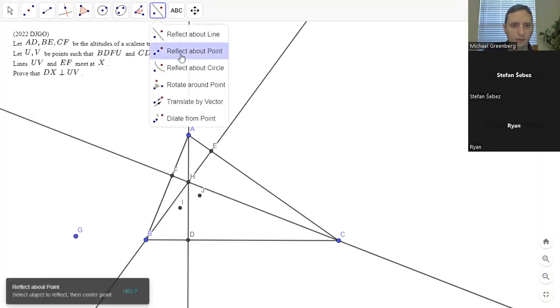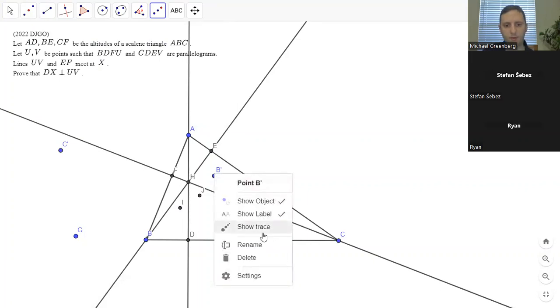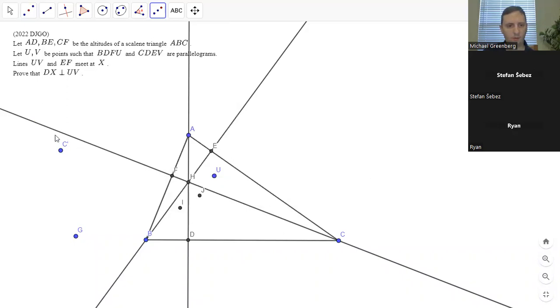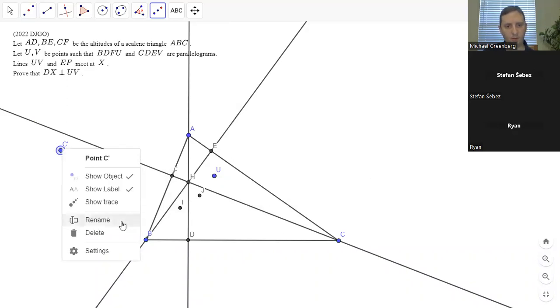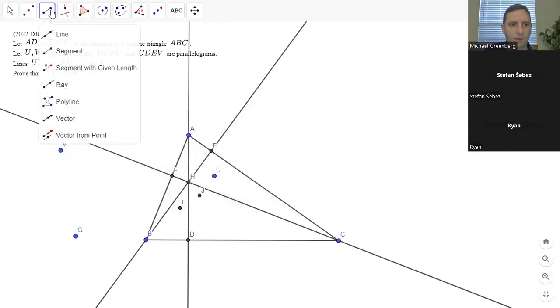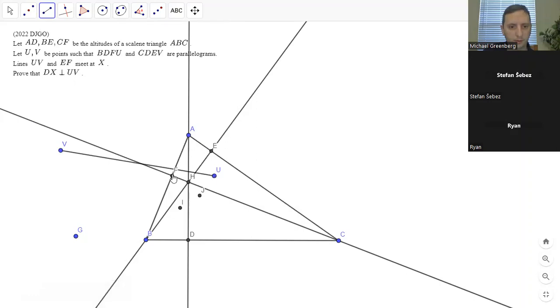I'm going to do it like this. This looks kind of familiar. And UV and EF intersect at X.